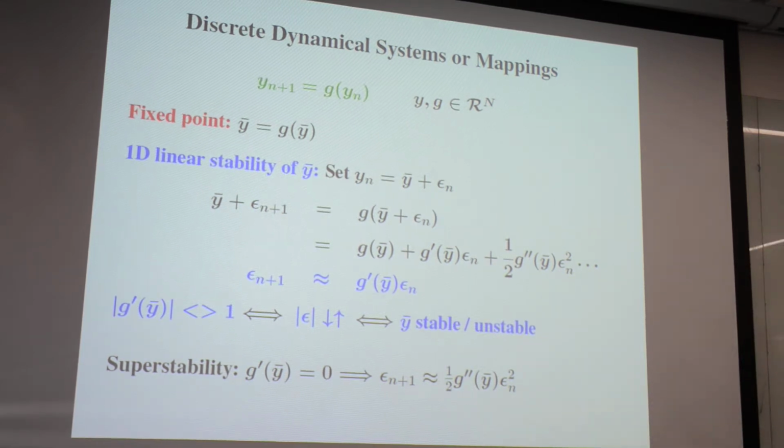Yes? n and n plus 1 represent the nth time step and n plus 1th time step, right? Well, you can call it a time step if you want. It's for any general variable in a sequence. That's right, yes. That's what I prefer.